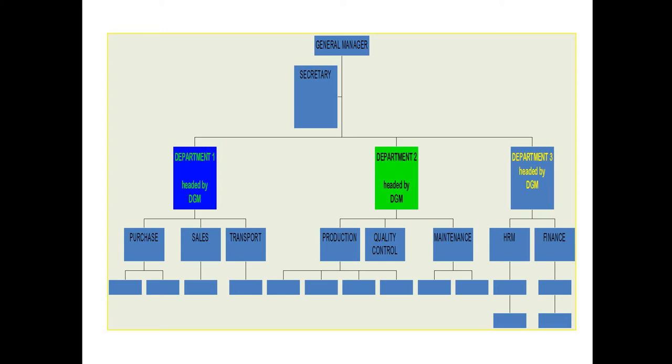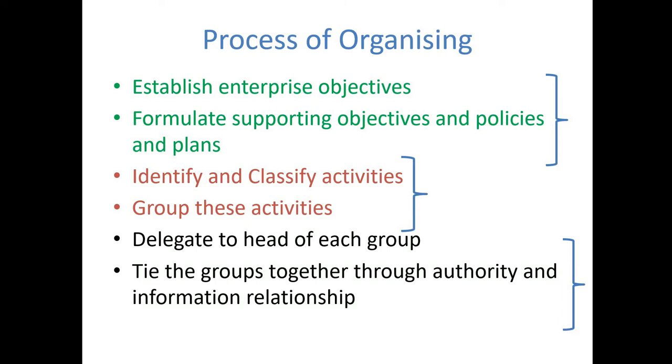Similarly, HRM and finance will share information with the DGM of department 3, who in turn will forward it to the general manager. So what we have done is we have tied the groups together through authority and information relationship.